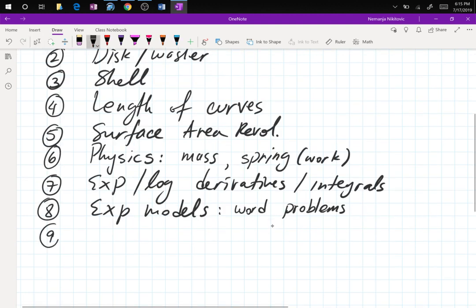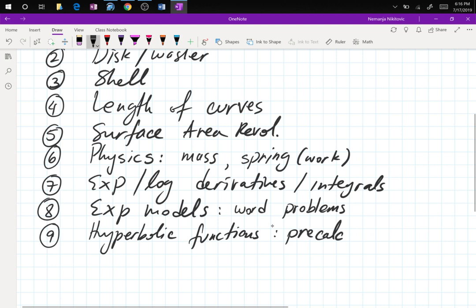Number 9, hyperbolic functions. And I'll say pre-calc plus calc, because remember, the pre-calculus would have the proofs and all that good stuff, and the calculus had the derivatives of these.